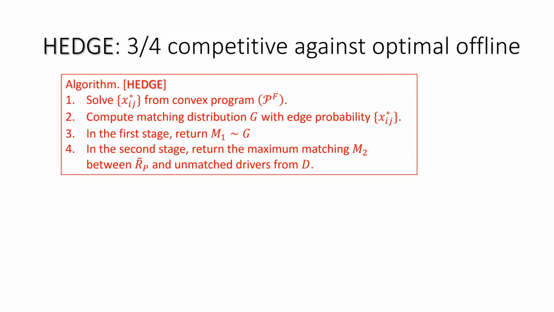Then we compute a matching distribution such that its edge probabilities correspond to x star. Then in the first stage, we randomly generate a matching M1 under this distribution. And in the second stage, we just return the maximum matching M2 between R tilde and unmatched drivers in D. Let me remind you that here we are only considering the case where all the drivers have equal weight.